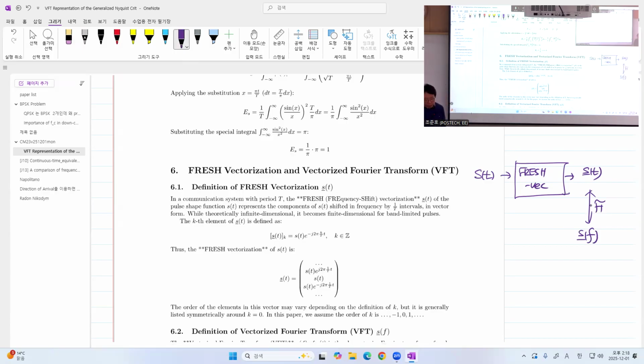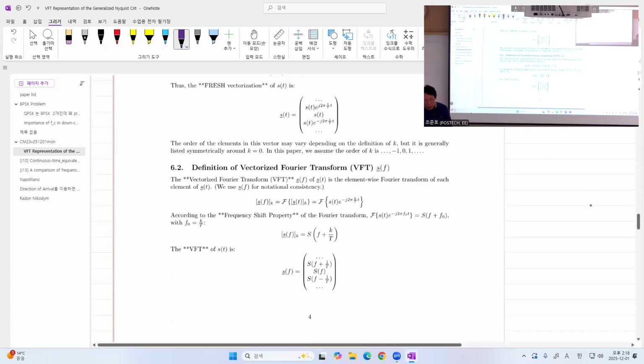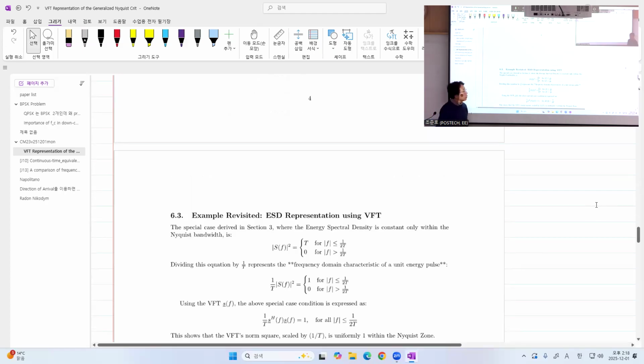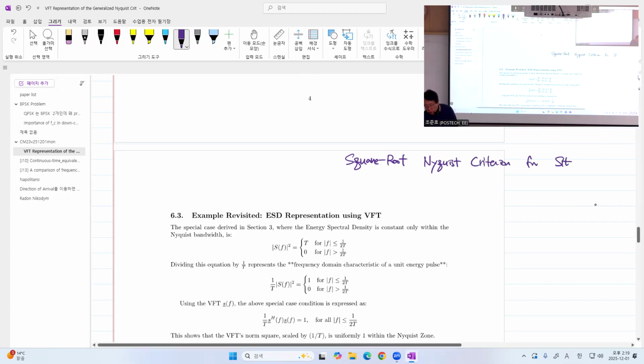Now, what is the general square root Nyquist criterion? Let me be specific, it's actually the square root Nyquist criterion for s(t), and you can show that it is nothing but this one.